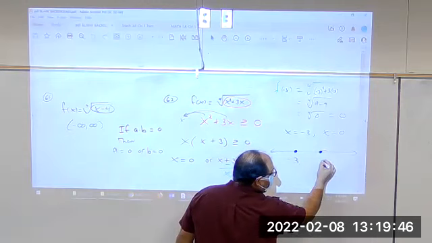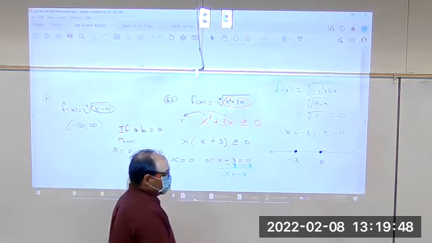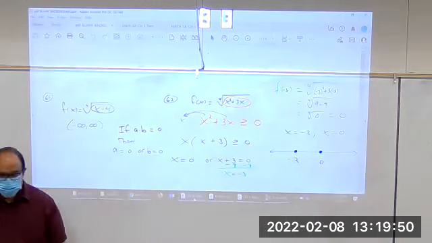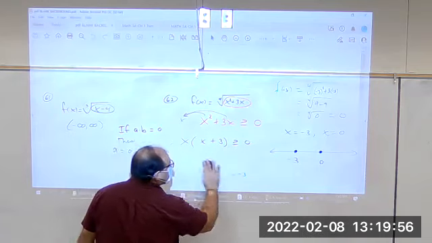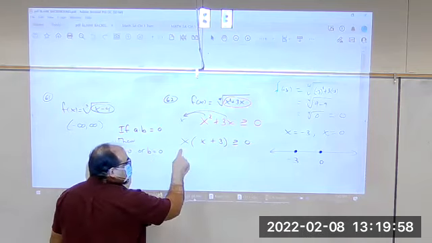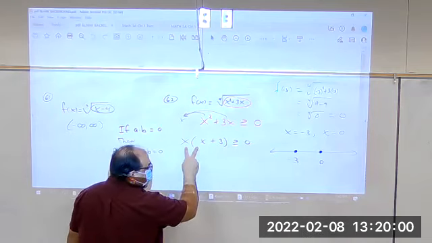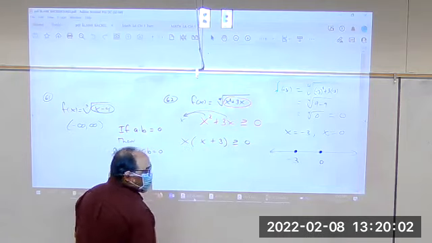Equal to 0 works. Those work. Remember what you have to worry about. You cannot get a negative. It has to be positive.